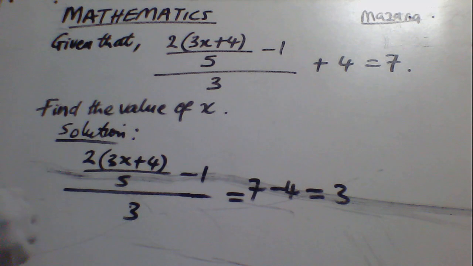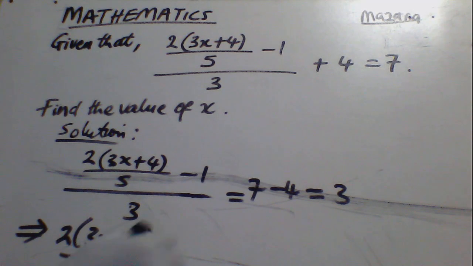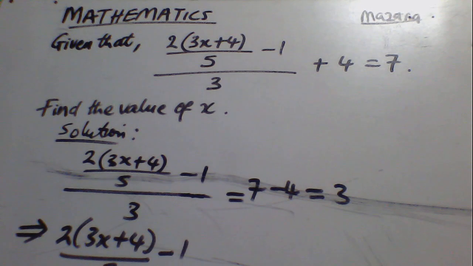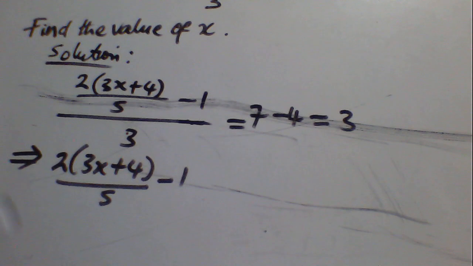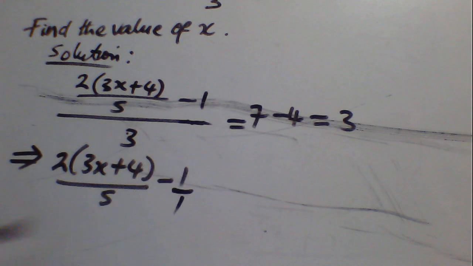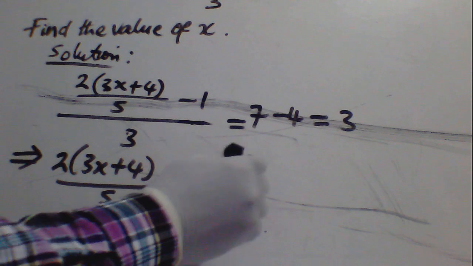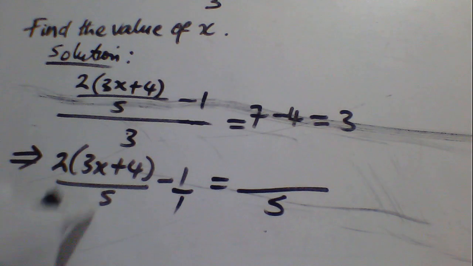From here, this implies 2(3x + 4)/5 - 1. Notice that 1 is the same as 1 over 1, because any number divided by 1 is still the number, so that we have a common LCM. The LCM of 5 and 1 is 5.